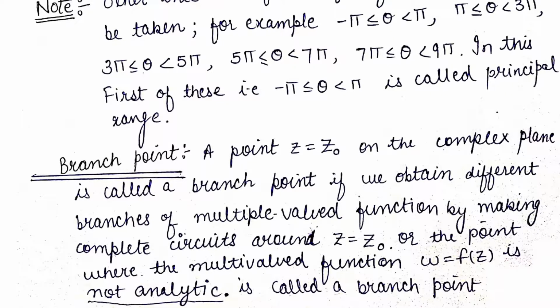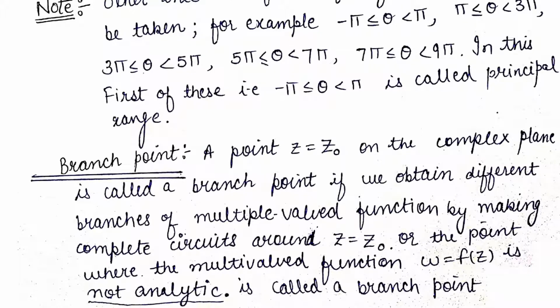So, we have two concepts to find the branch points. First is that if we make a complete circuit around the point and after making the complete circuit we are on a different branch of the multi-valued function, then the point will become the branch point around which we are taking the circuits.